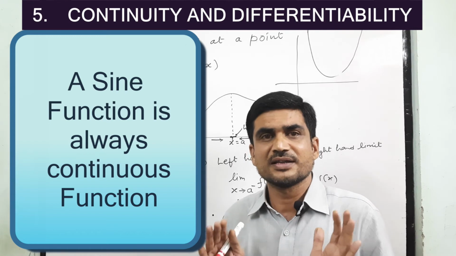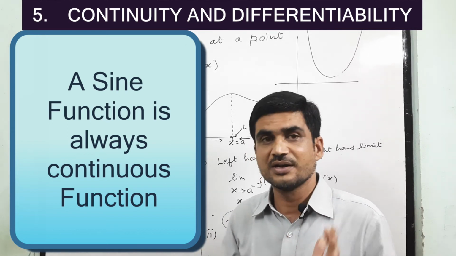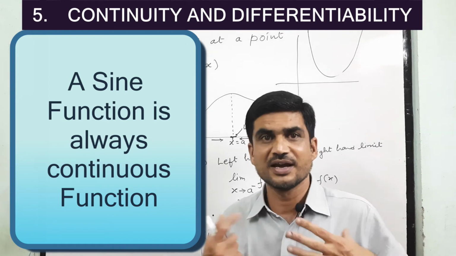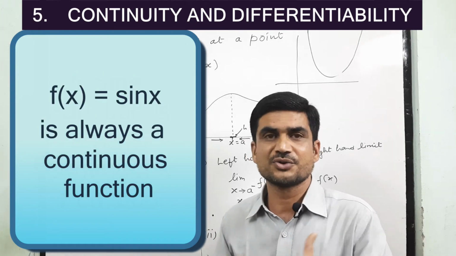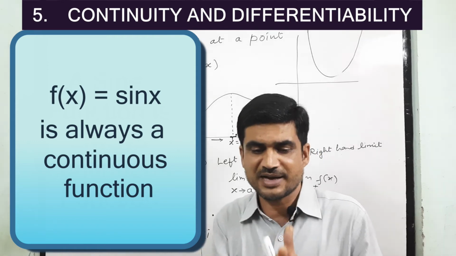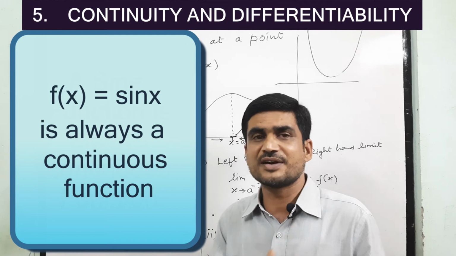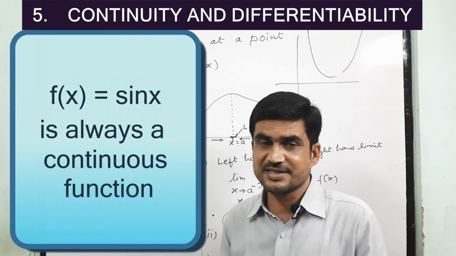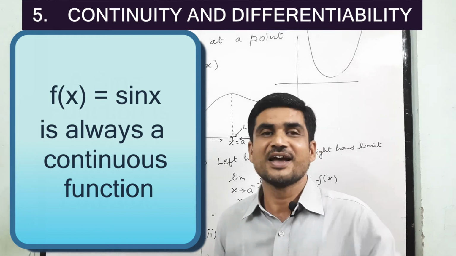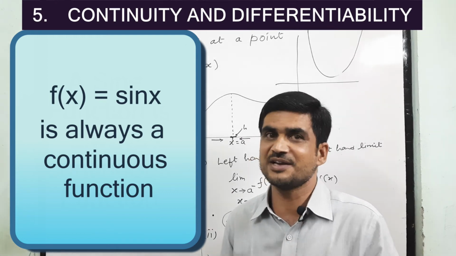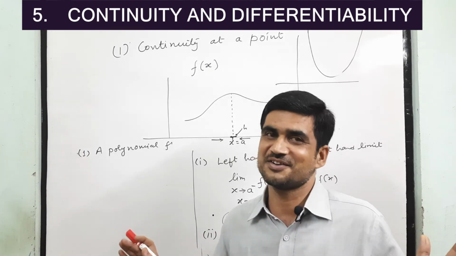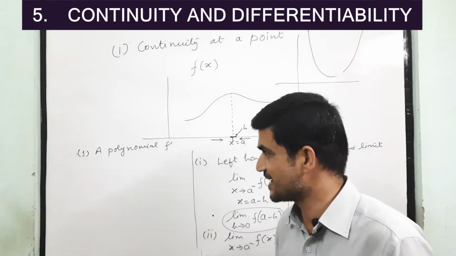See, whatever the values of x, sine x is a function, and its value ranges between 0 to 1 and 1 to 0, then 0 to minus 1. So its value ranges from minus 1 to plus 1. Whatever value you can put instead of x, that is called the domain. x is from minus infinity to plus infinity, and the function's value you will get between minus 1 to plus 1, and it is continuous.